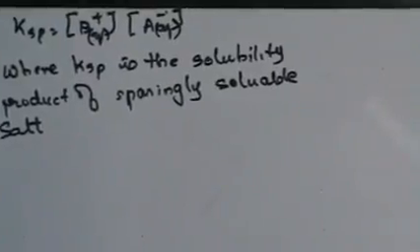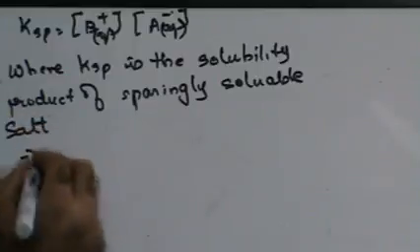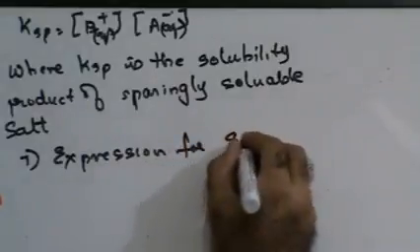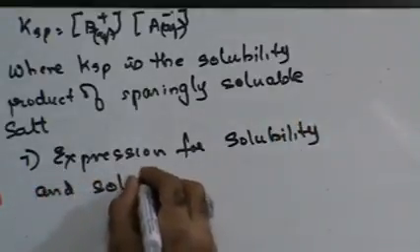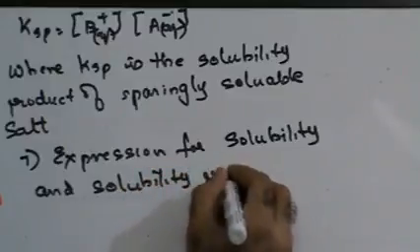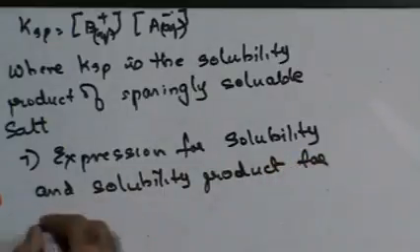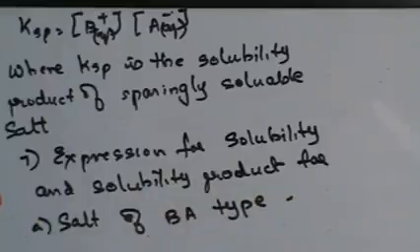Now, let us try to derive expressions for different types of salt. Let us try to find out the expression for solubility and solubility product for a BA type salt. Let's take up different types of salt and do this.